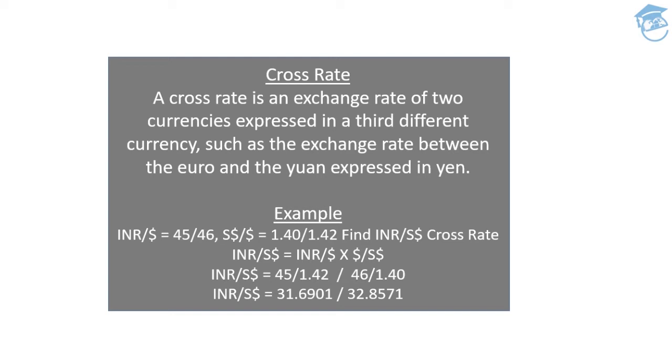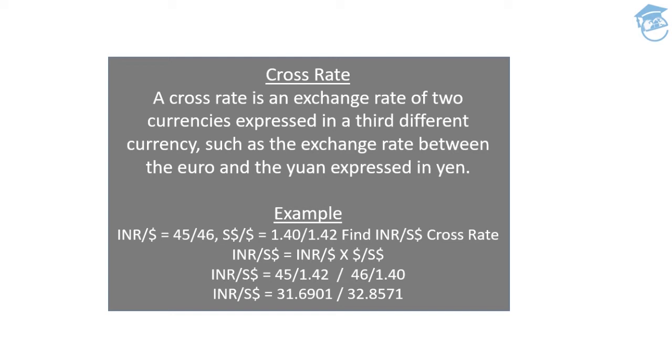So I need to sell my dollar, and I won't say that I need to buy my Singapore dollar. And since I'm going to sell my dollar, the bank is going to purchase it at 1.40. Obviously, the bank is going to purchase it at a lower price, a cheaper rate. So the same will be divided with the help of 46.